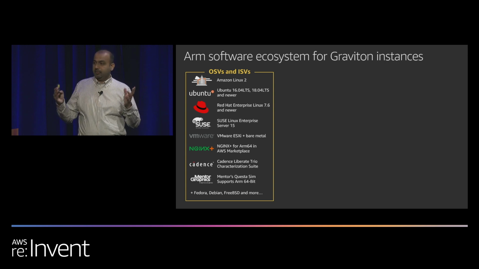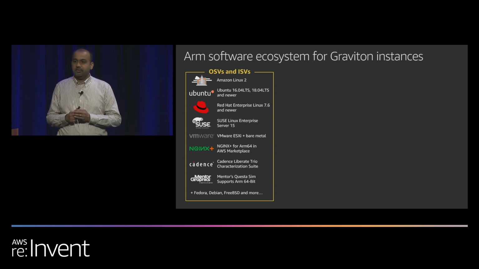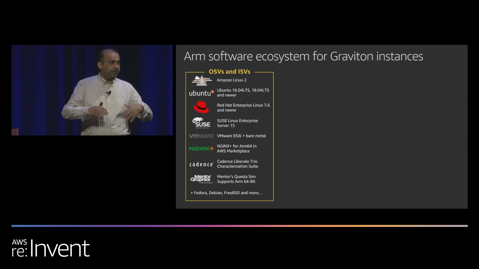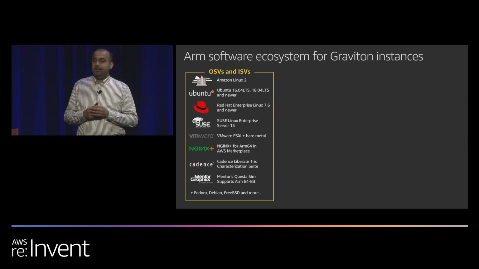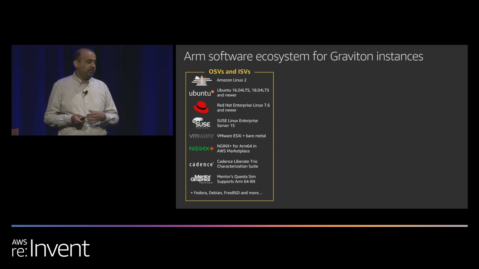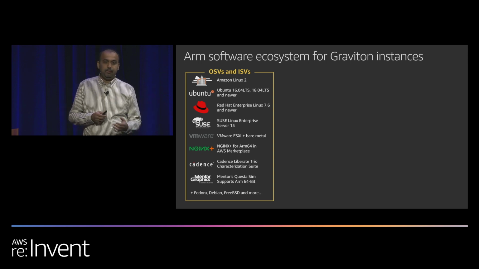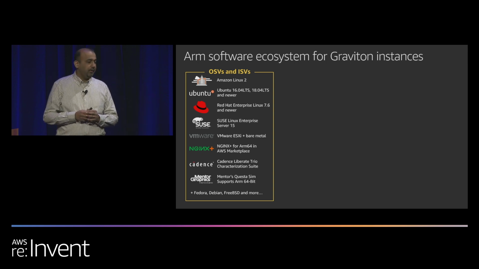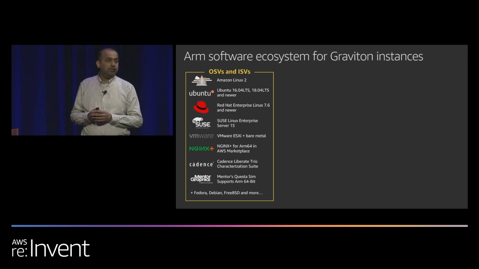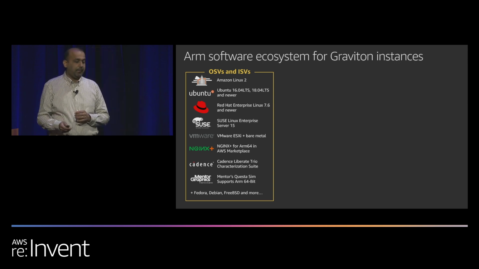And finally, with our support in AWS Marketplace, we have a lot of ISVs that have been able to release their packages into our marketplace, such as Nginx Plus. There's an AMI available today that allows customers to deploy their web server or their load balancer easily on Graviton.